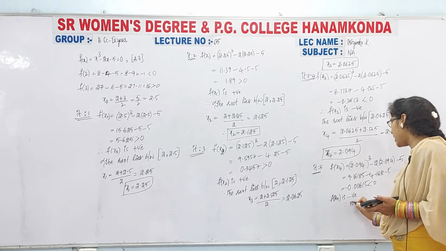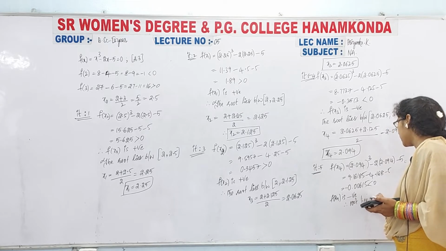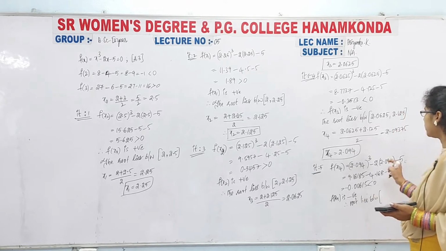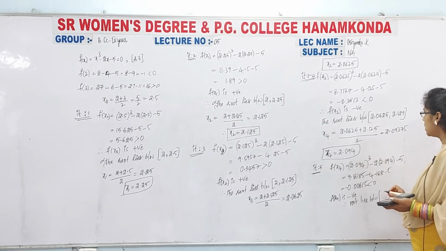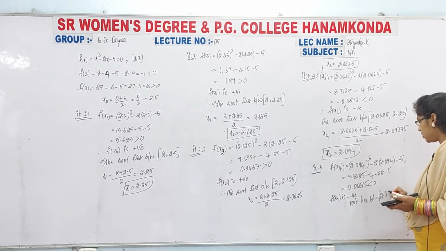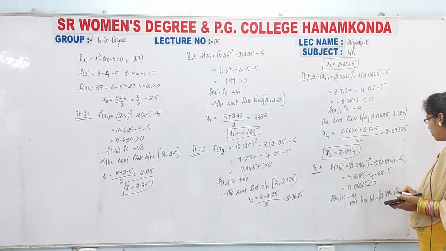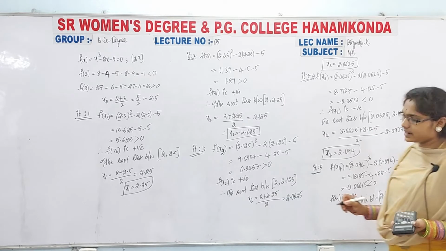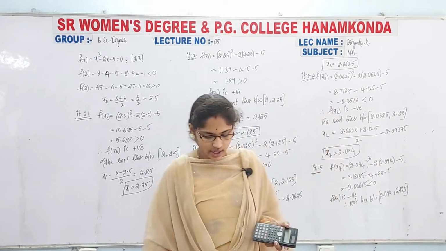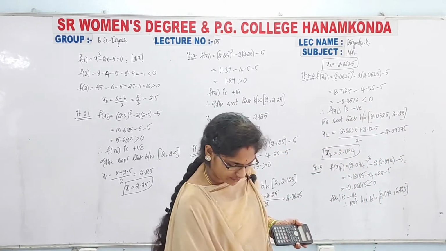Therefore the root lies between 2.094 comma 2.125. Okay, and now here we have to calculate the value of x5, right?